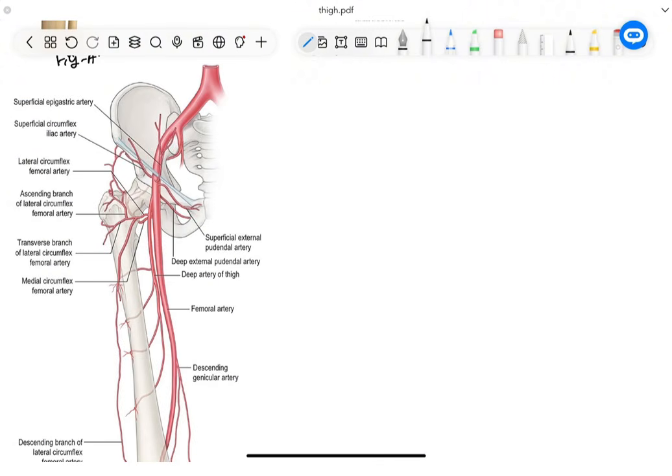Now our next topic of discussion in this compartment is vessels, mainly artery, and first I am going to say the femoral artery. The femoral artery is the chief artery of the lower limb. It is the continuation of which artery, and it continues as which artery, we usually get asked.